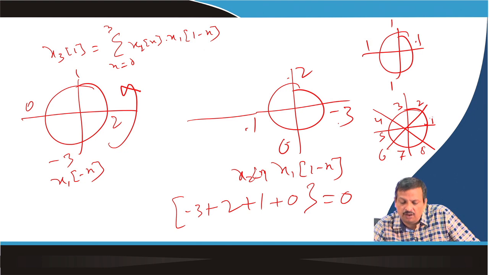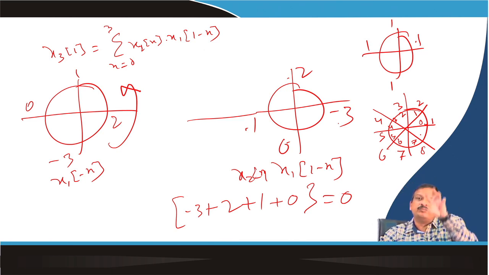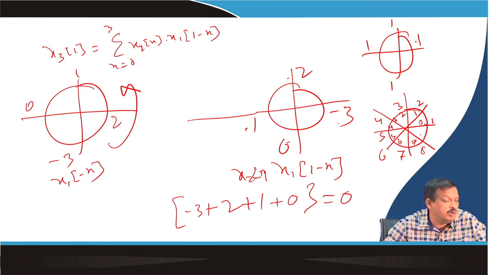This is the zeroth index, index 1, index 2, index 3, index 4, index 5, index 6 and index 7. So, I can represent 8 points. Now again you shift, the convolution is the same. So, that is circular convolution.